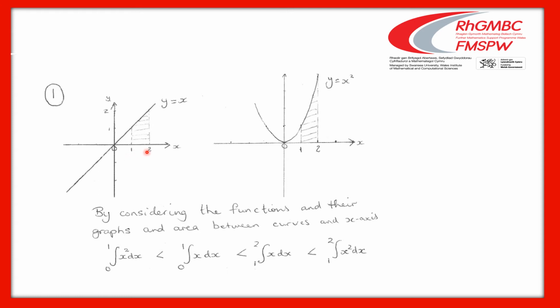And between 1 and 2, the integral of y equals x isn't as large as the integral of x squared between 1 and 2. So by considering the area of the functions, we have this order: the smallest one is x squared between 0 and 1, then x between 0 and 1, x between 1 and 2, and the largest is x squared integrated between 1 and 2.